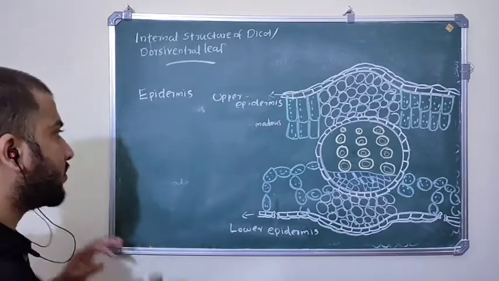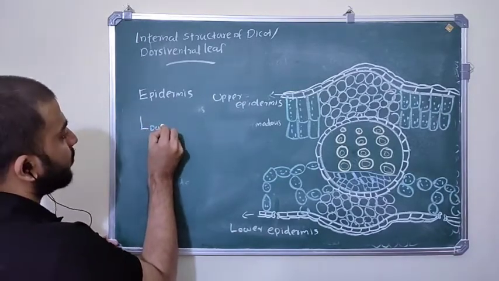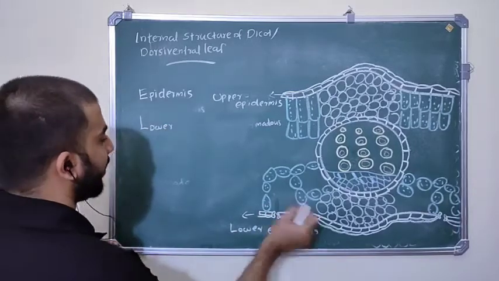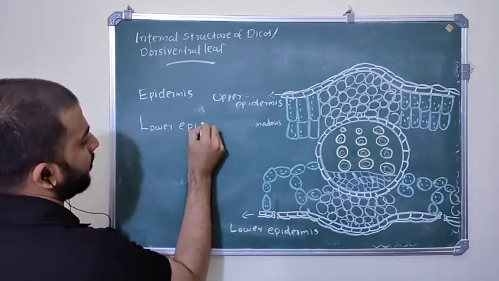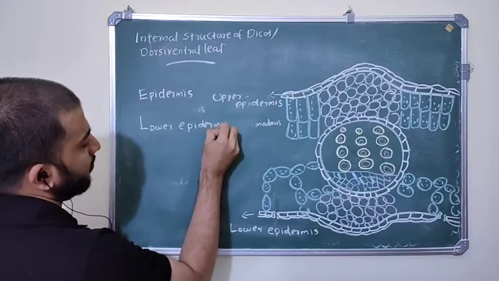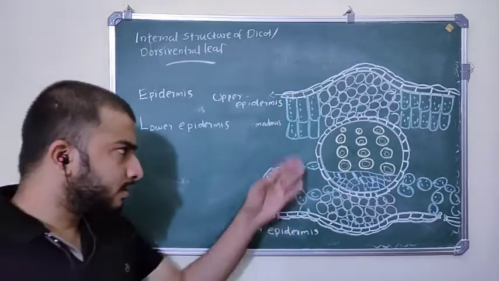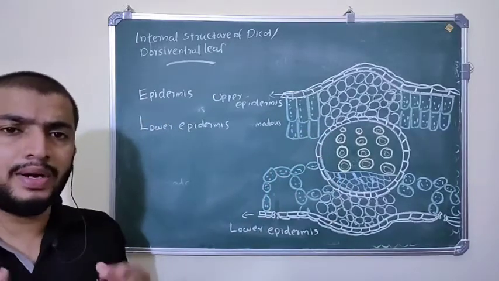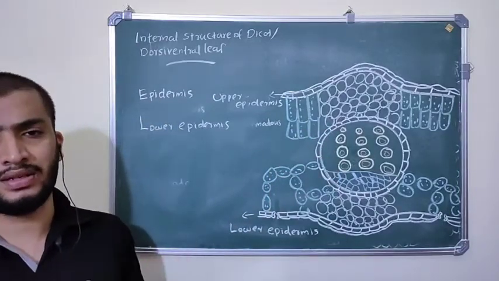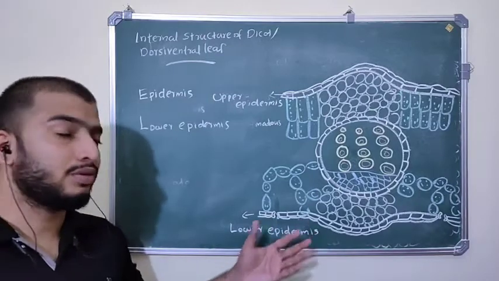The lower epidermis is also made up of a single layer of parenchyma cells. Compared to the upper epidermis, the lower epidermis has many stomata. There are numerous stomata present on the lower epidermis.